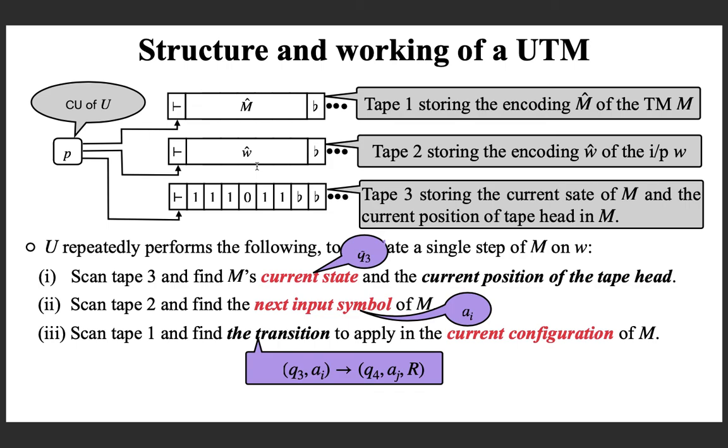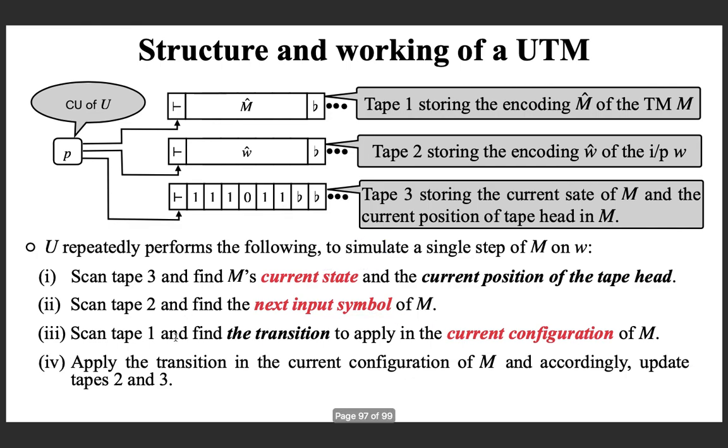And finally you want to move the read head to the right, so the position of the read head now points to the next symbol. Accordingly you apply this transition and update tapes 2 and 3 to reflect the step.